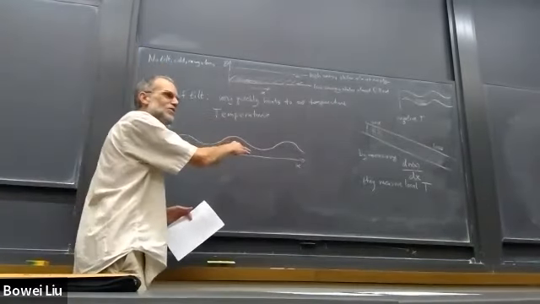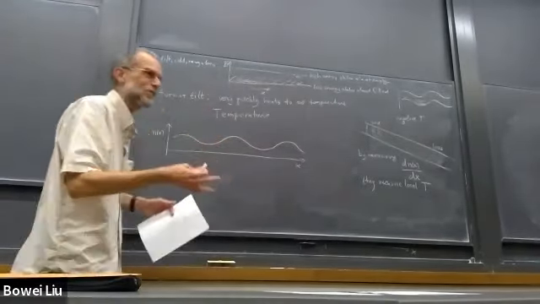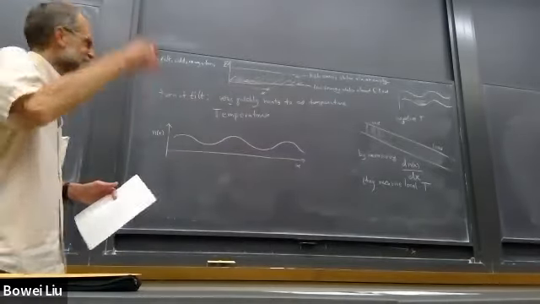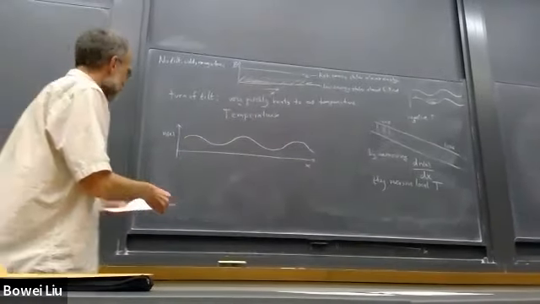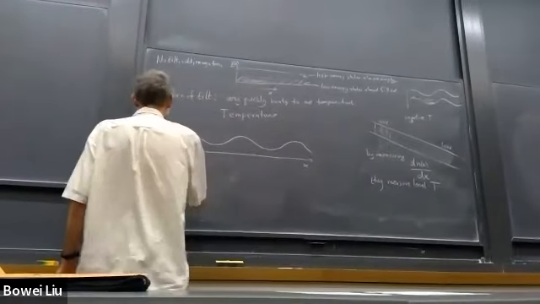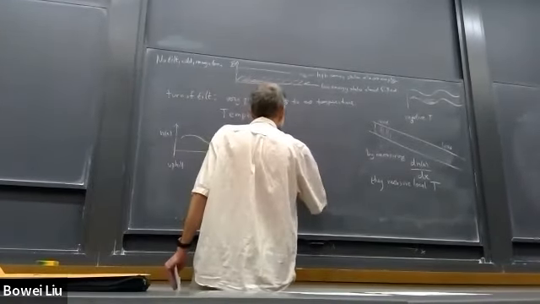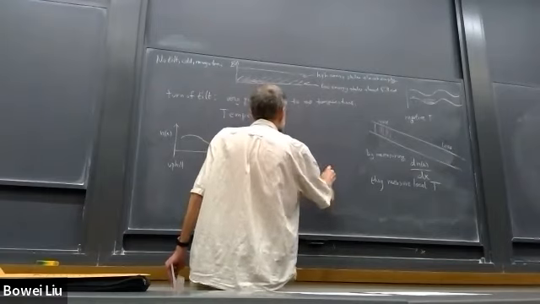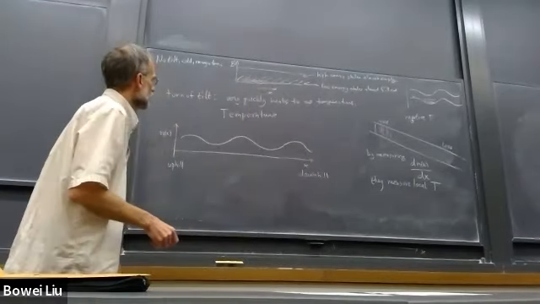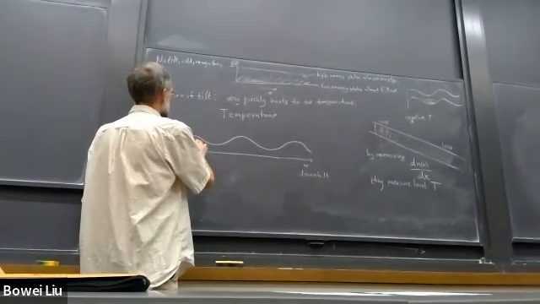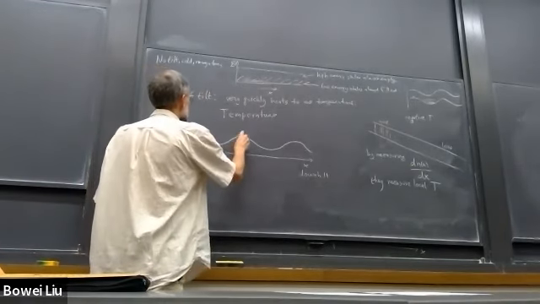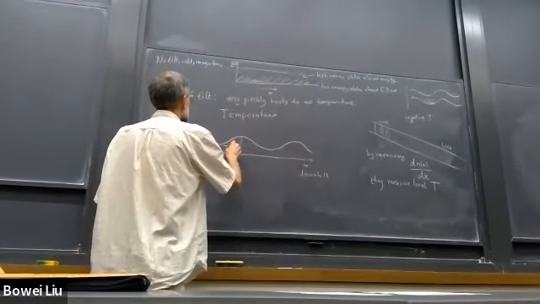An average energy that corresponds to infinite temperature, right? Which is right. And now this is uphill, and this is down. Okay. So here, this is positive temperature, right?